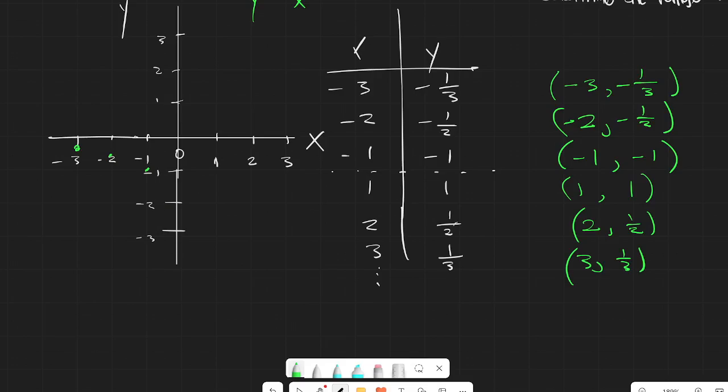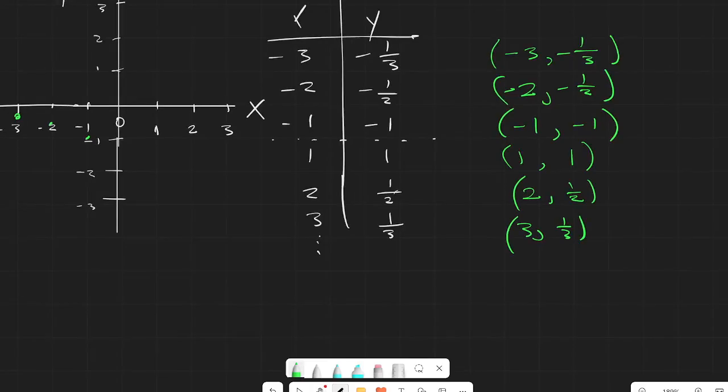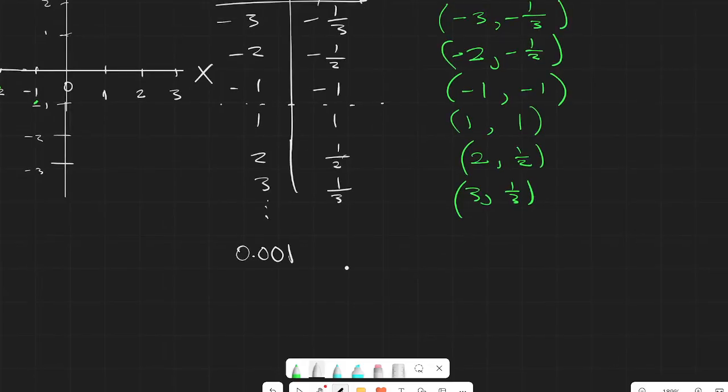What happens if we plug in something really close to 0? Like what if we say 0.001? Well, y equals 1 over x, right? Which if we plug in this for x, we get 1 divided by 0.001. Well, this is just 1 over 1,000, right?